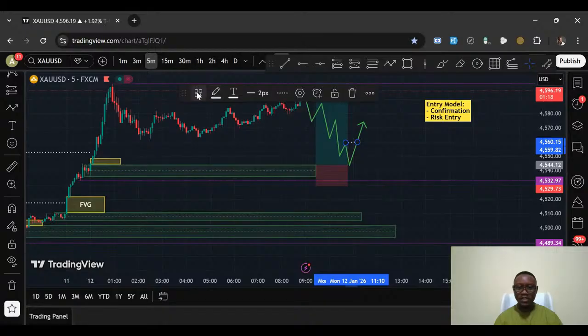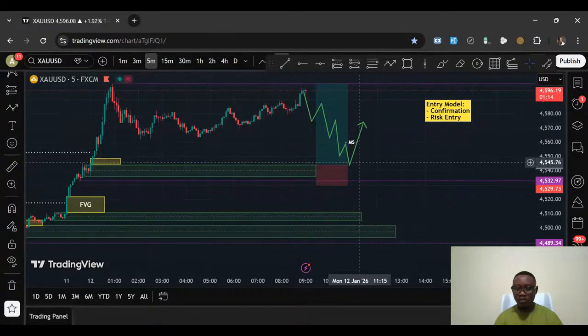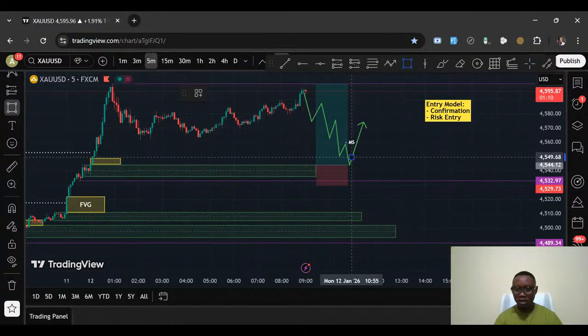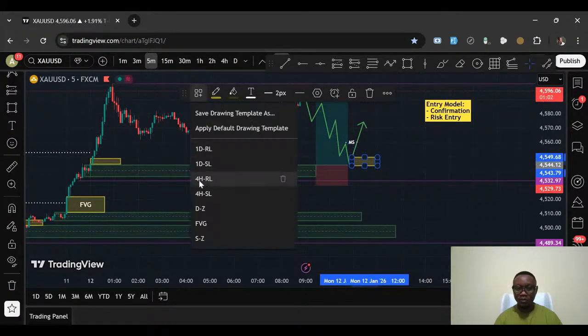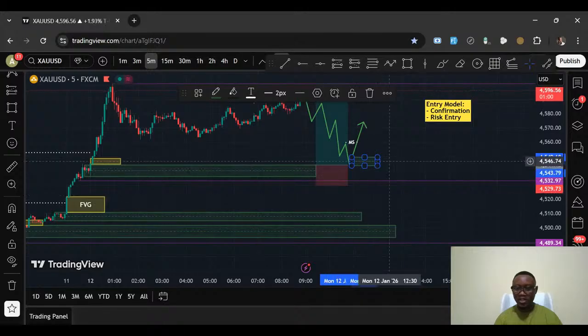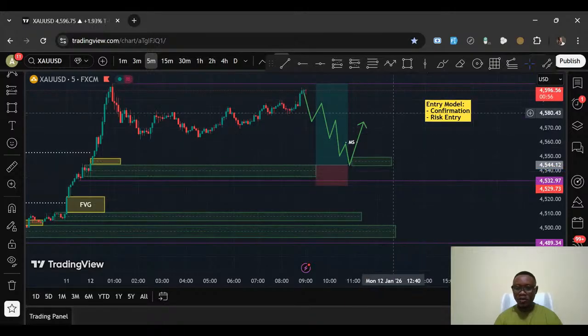Now, once I have this market shift, MS, I'll mark out the order block. I'll mark out the order block probably in the 3 minute or even 1 minute time frame, or even in the 5 minute time frame itself, the order block that led to this market shift, right? Then patiently wait for price to tap into the order block.